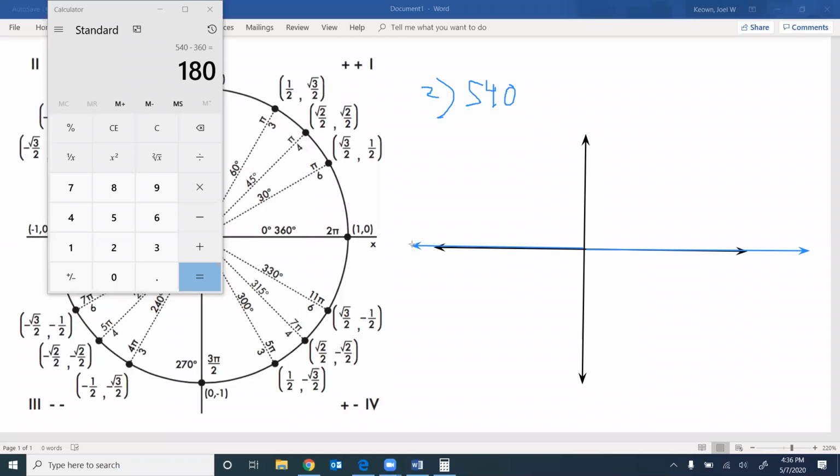To show that, I'm going to take my little arrow here. There we go. So it goes all the way around the circle and then comes back right there. So that's how I show 540 degrees.